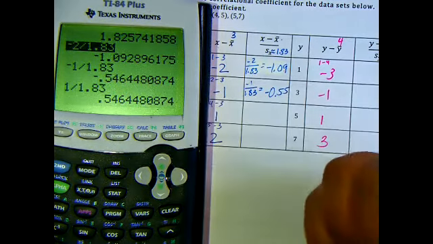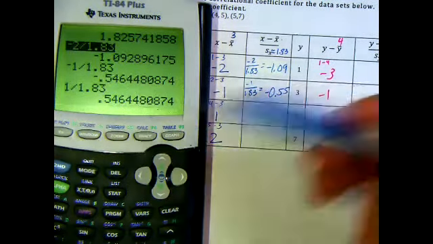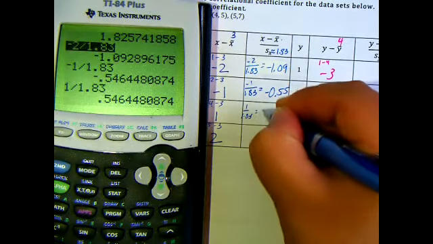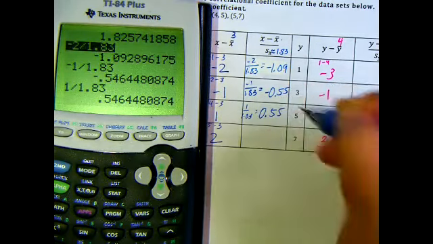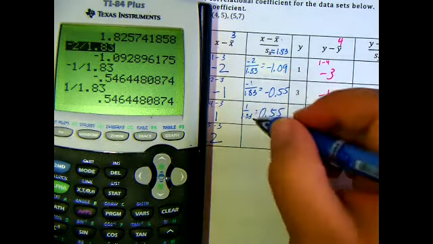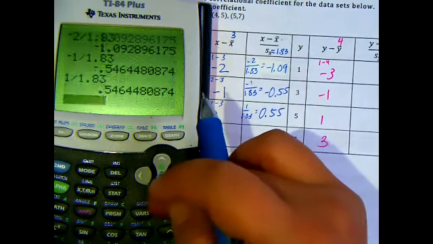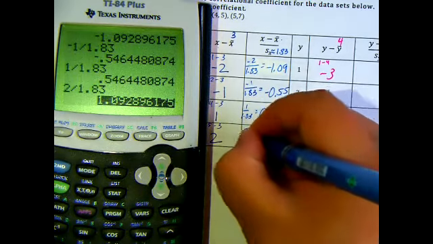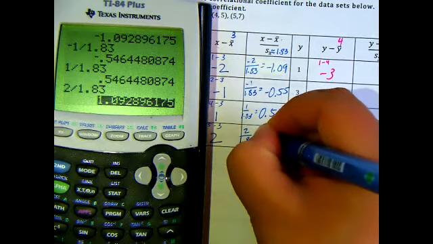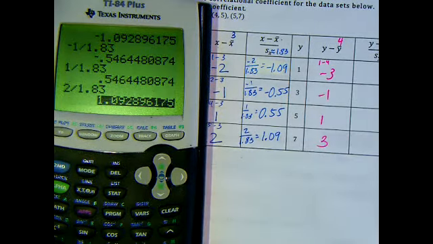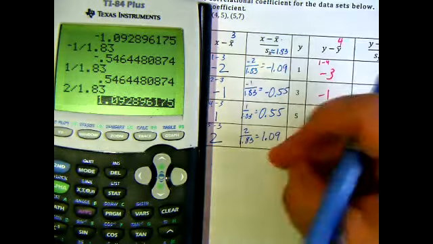So round that 4 to a 5. And then again, 1 divided by 1.83. Now it's just going to be positive 0.55. And then lastly, our +2 divided by the 1.83, which will be our 1.09 positive. Okay, so we have the x's.